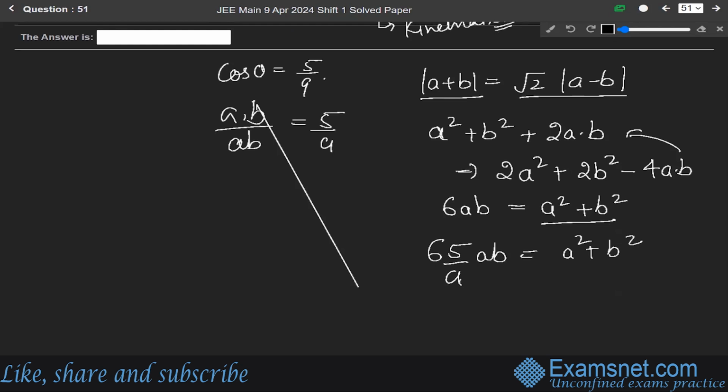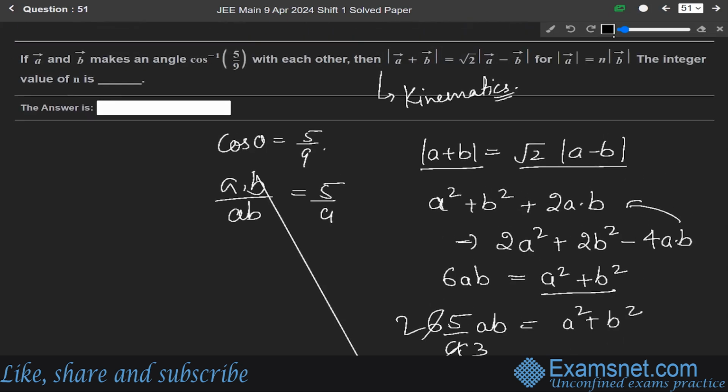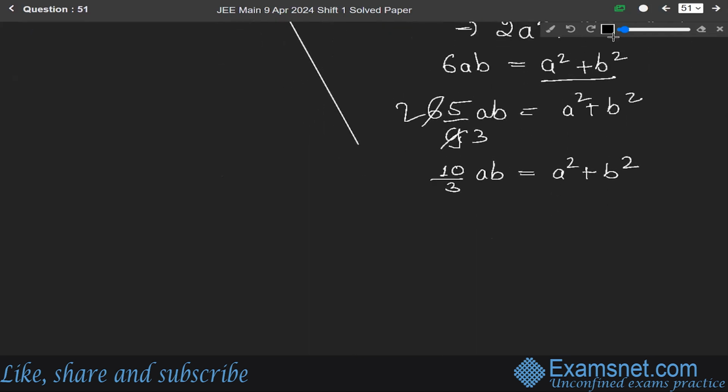So 3 2s are 6, 3 3s are 9, meaning 10 over 3 AB equals A square plus B square. In this question, we are given that A equals NB, so 10 by 3 times NB times B, and B square equals N square B square plus B square.